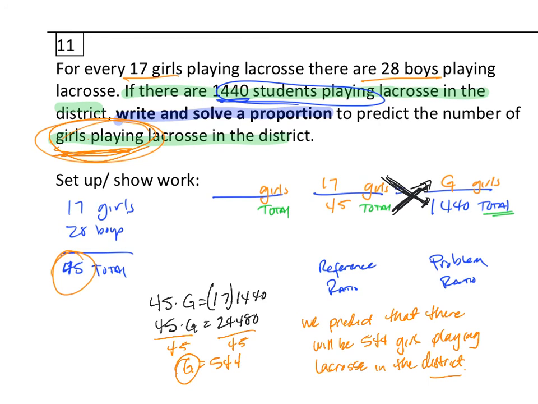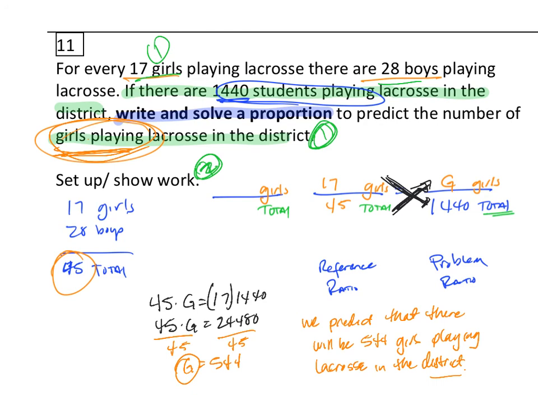So let's review. The first thing we had to do was we went in and looked at our problem. We figured out what our question was. We looked at the reference data. Secondly, we set up our proportion. We're going to have those lines no matter what.